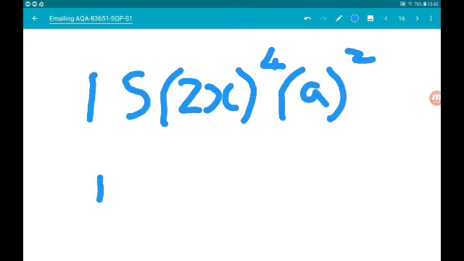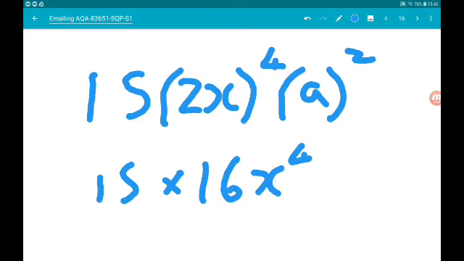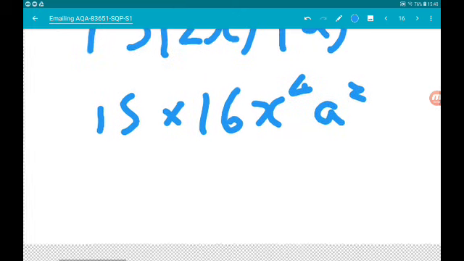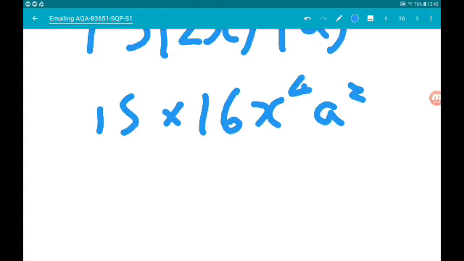So this would be 15 times 2x to the power 4 is 16x to the power 4 times a squared. 15 times 16 is 160 and 80, 240.